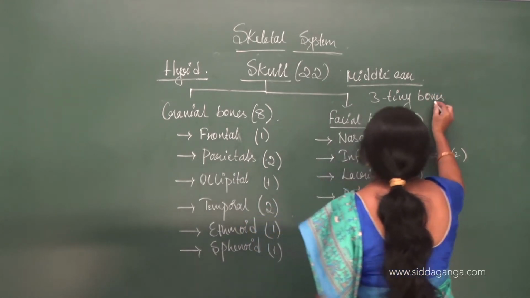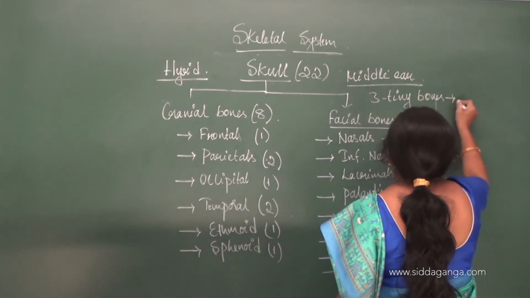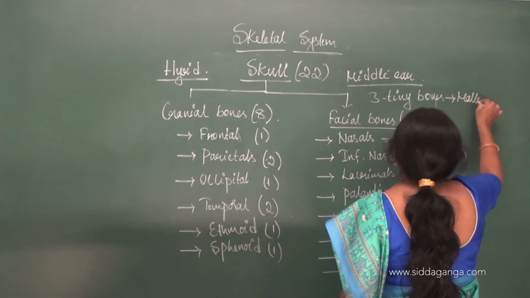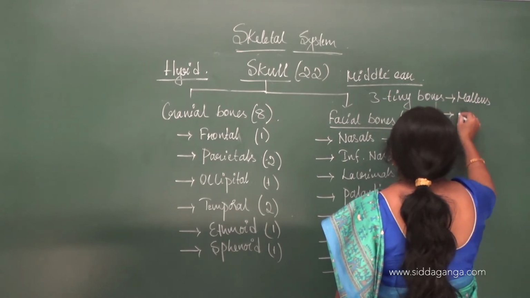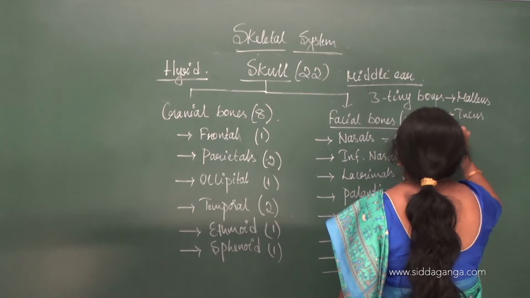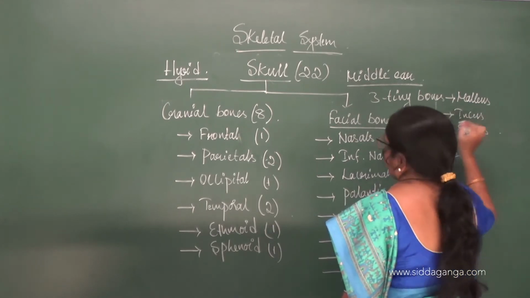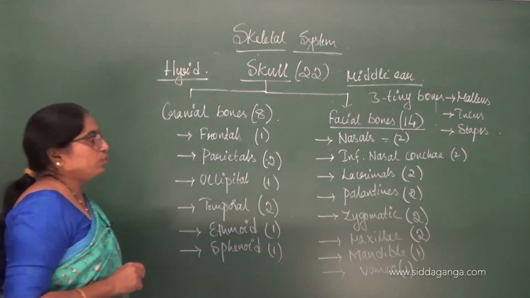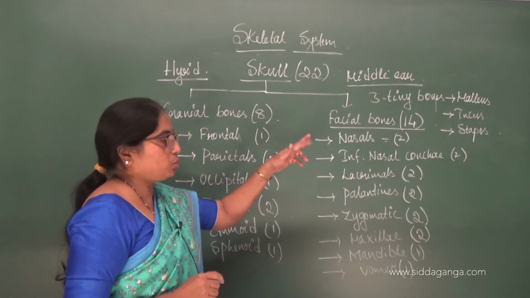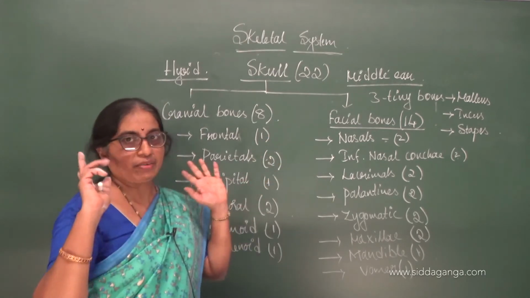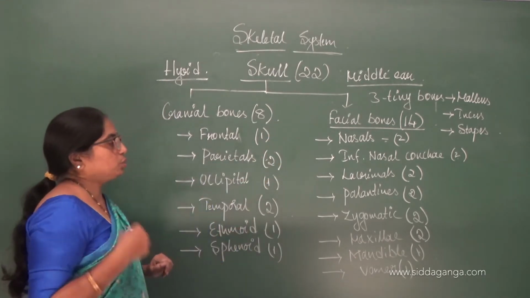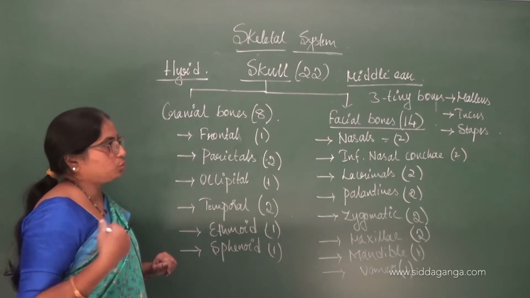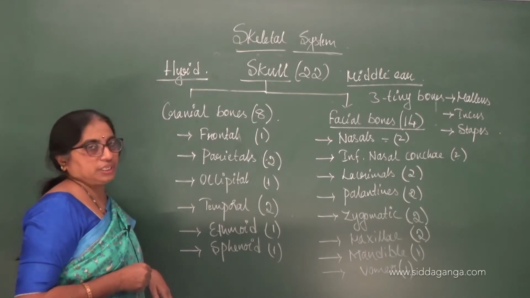The 3 tiny bones are malleus, incus and stapes. So hyoid is 1 bone and 2 malleus, 2 incus and 2 stapes, because we have 2 ears, right? So 2 middle ears, we have 2 malleus, 2 incus and 2 stapes.